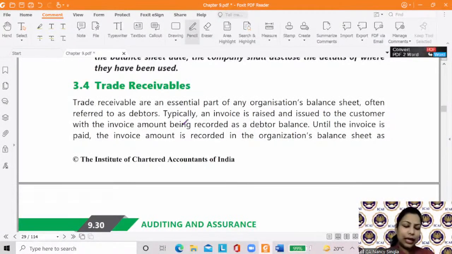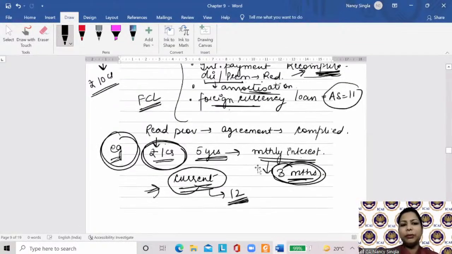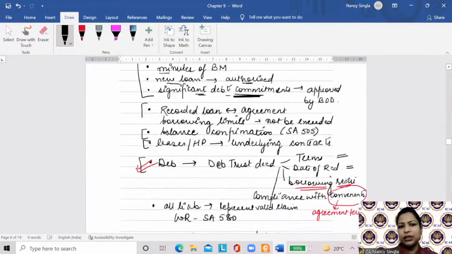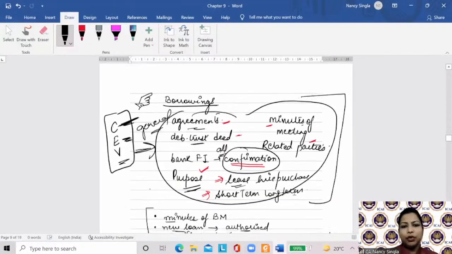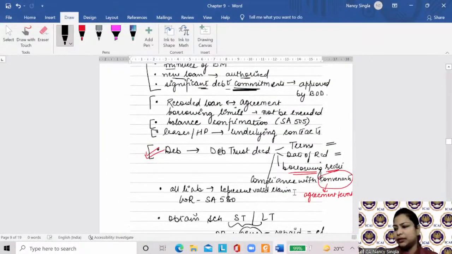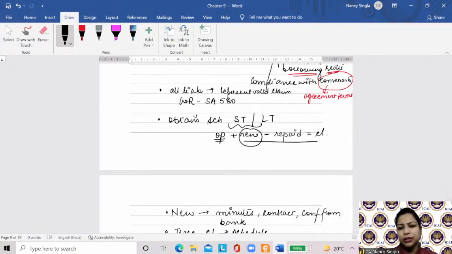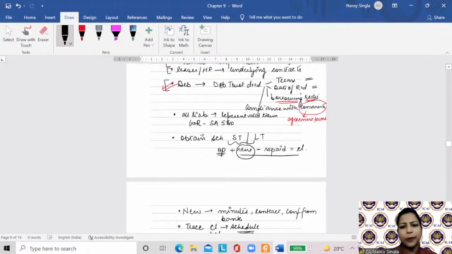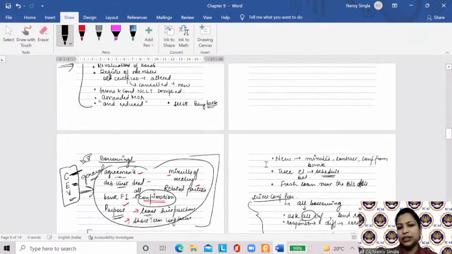Borrowings is clear, and students, believe me, once you go through the module word by word and try to make summaries the way I have told you, this is the way you need to make summaries, and these are not tough. If I minimize it, the major part of borrowings is covered here. Let me just show you. So you can always summarize this way.